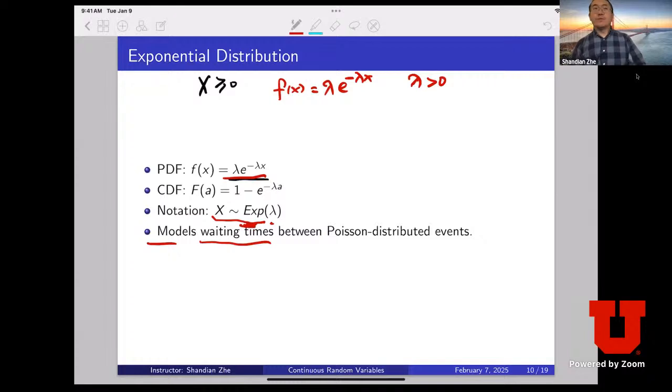So this count, namely how many vehicles passed over that crossroad, is usually modeled as a Poisson distribution.